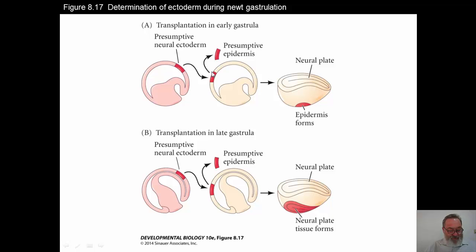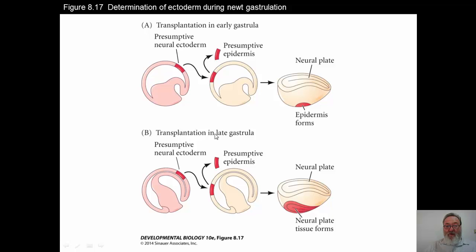He found that the cells of the early gastrula were uncommitted, but that the fates of the late gastrula were determined. This involved exchanging tissues between the gastrulae of two species of newts which had different pigmentations. And you can see in the experiment at the early gastrula stage, he took an area of presumptive neural ectoderm, transplanted it to an area which ordinarily would form epidermis, and at the early stage, that presumptive neural ectoderm indeed formed into epidermis.